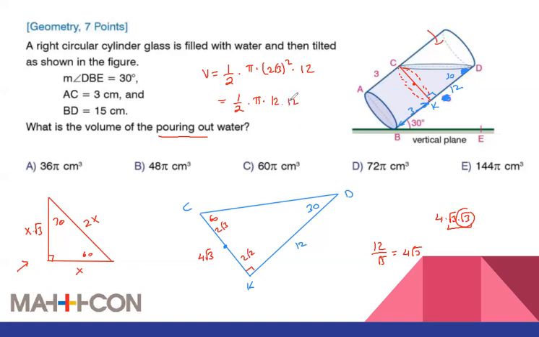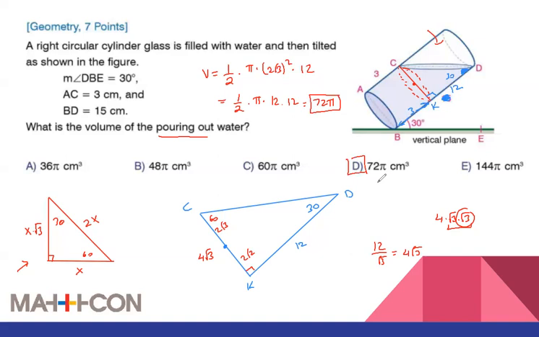I can cancel one of those 2s with a 12, which gives 6 times 12, which is 72π. That will be my answer.